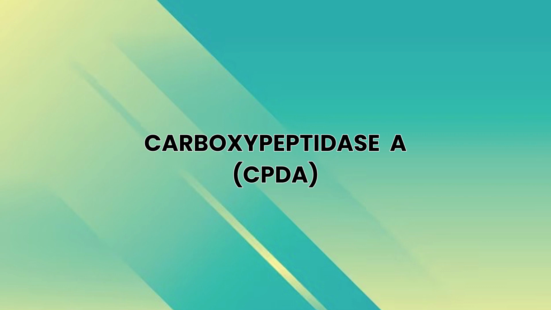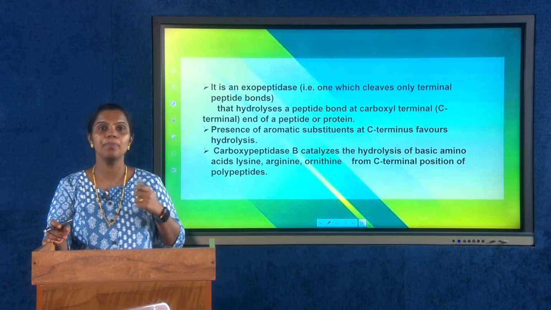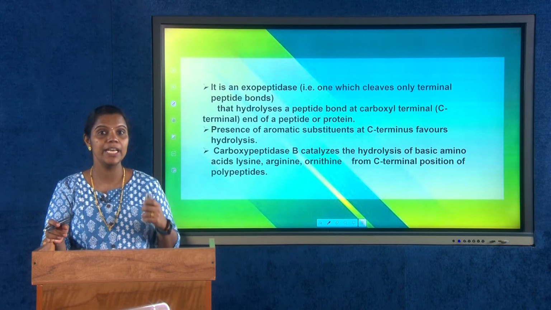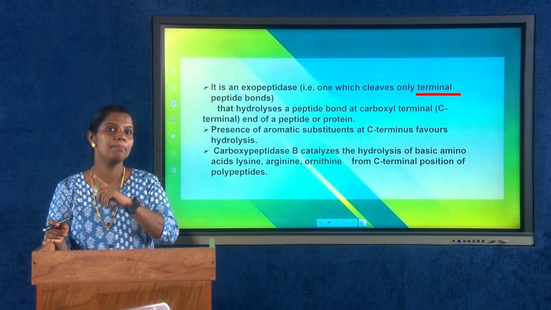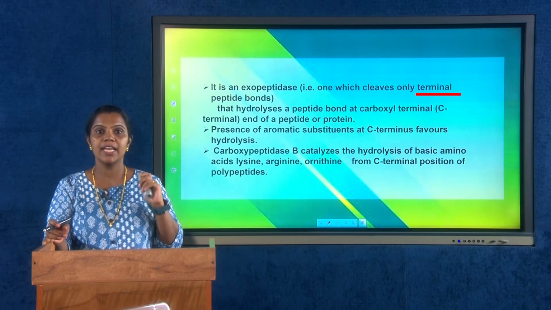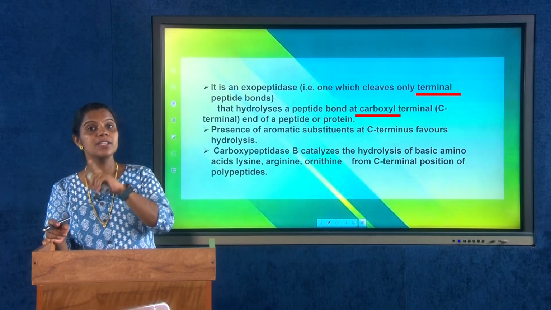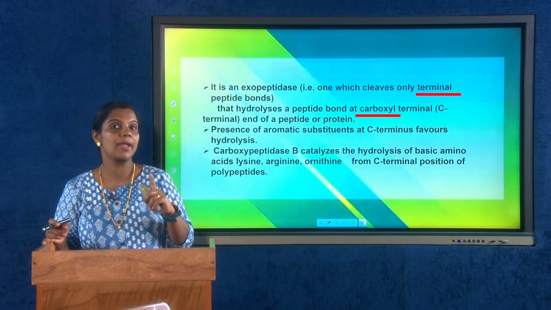Now, let's see what carboxypeptidase A is. Actually, it is an exopeptidase. What is an exopeptidase? It means that it will cleave only the terminal peptide bond, and it hydrolyzes a peptide bond at the carboxy terminal of the peptide chain.